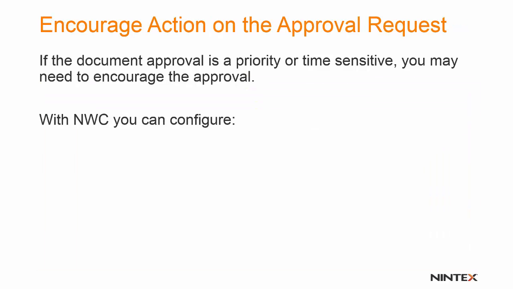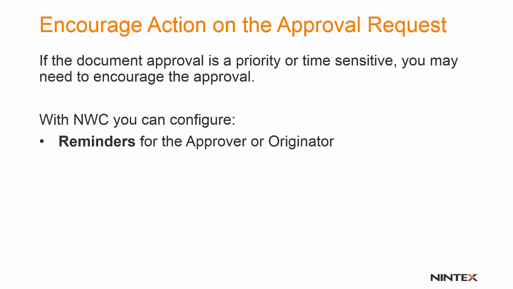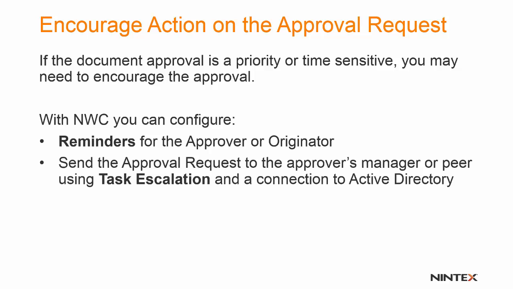Not every request for approval is met with immediate response. Sometimes the approver's email folder is full. Sometimes they're on vacation. Sometimes they're not the right person and you really need to have approval requests sent to a different person. Well, you can do that in Nintex Workflow Cloud because you can configure reminders so that the request for approval gets bumped to the top of a person's inbox.